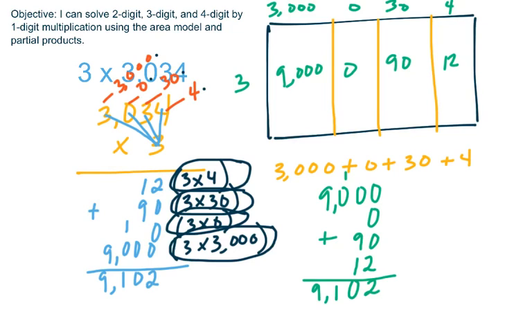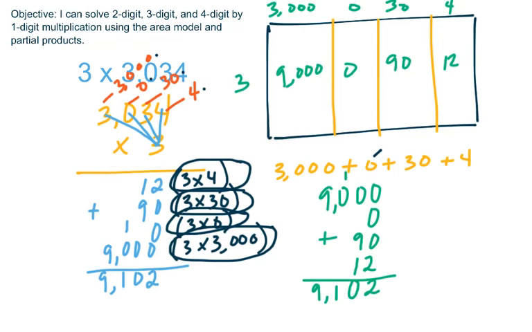Another thing to note is that this one is a little bit different than the last one because we had a 0 in the mix. Now, when we wrote expanded form before, we said we didn't really need to keep track of that 0. It wasn't very important. But in the case of partial products and in the case of your area model, you do have to keep that 0, because if I were to just leave that 0 off, I'm not going to have a label for the top of this column.